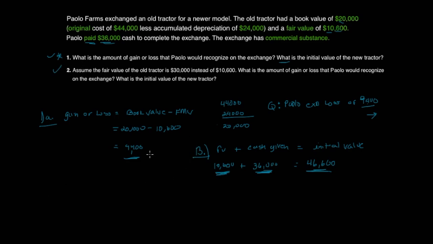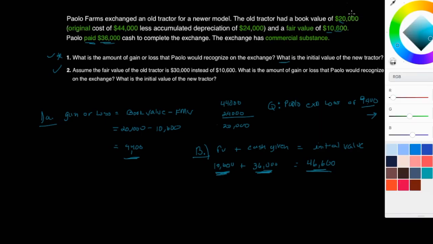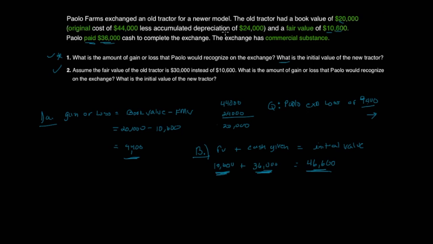And I think I'll have enough room. I'll go ahead and change up the colors so you all don't get these two mixed together. Okay, so number two is similar, but they're just using a little different scenario.